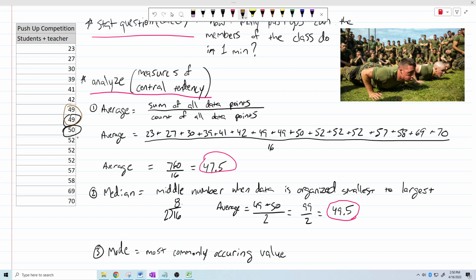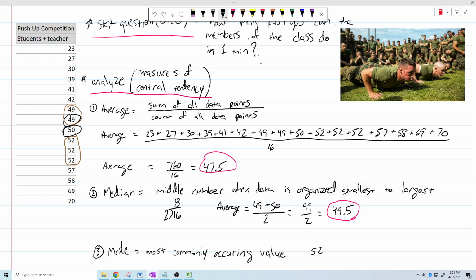I also see a few 52s here. 1, 2, 3. And that's it. So these are the only numbers that repeat, 49 and 52. But again, it's the most commonly occurring value. So in other words, 52 is the answer.